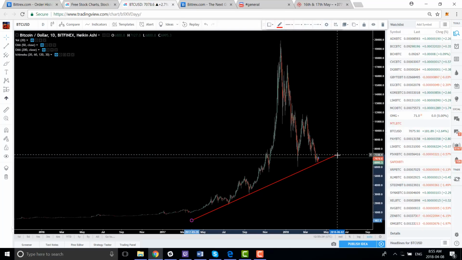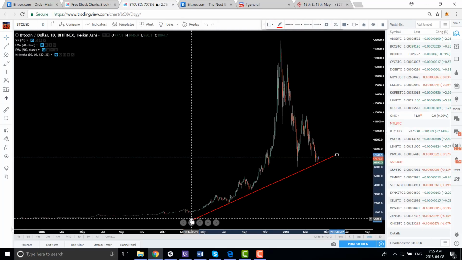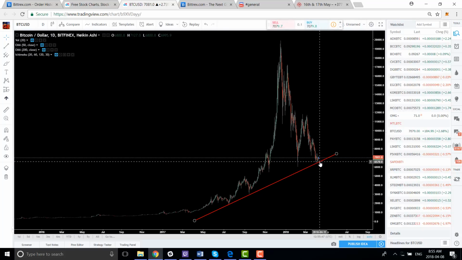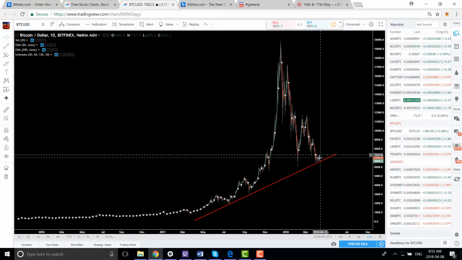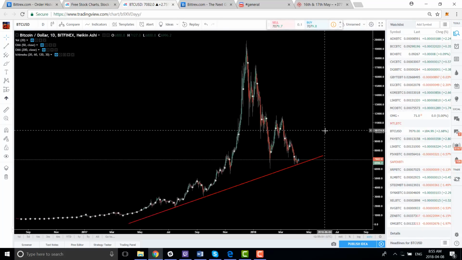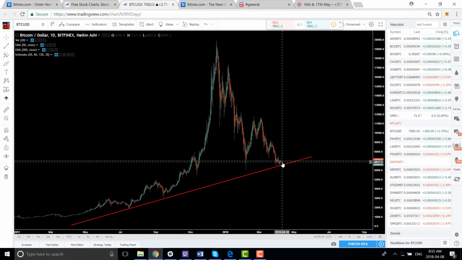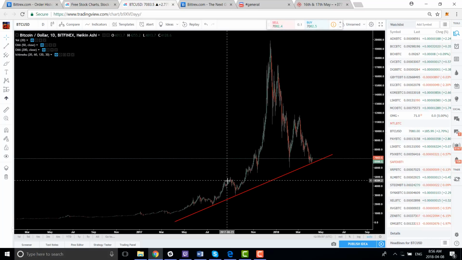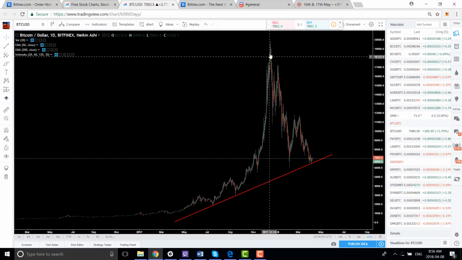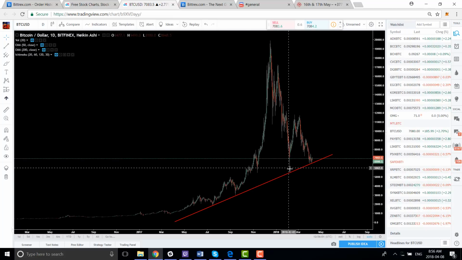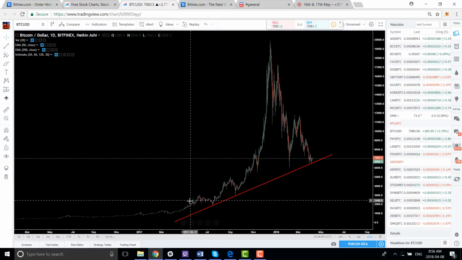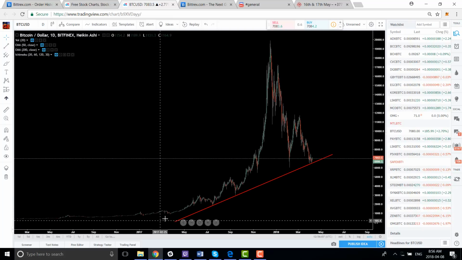Right about here. So, Bitcoin, you can see that it's touched the support. This would be a strong support. It touched here once, took off, touched twice, took off largely. It almost touched here, and now it's touched here another 4 times. So this is a strong support. This is a longer term support because this is a whole move.